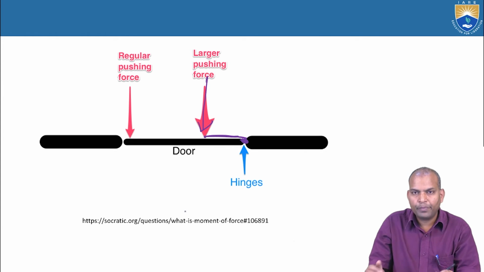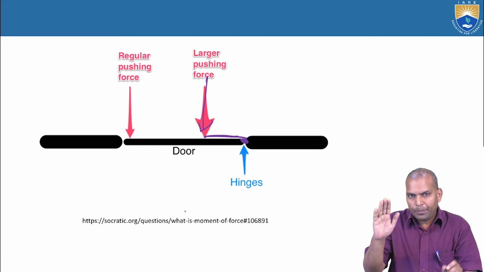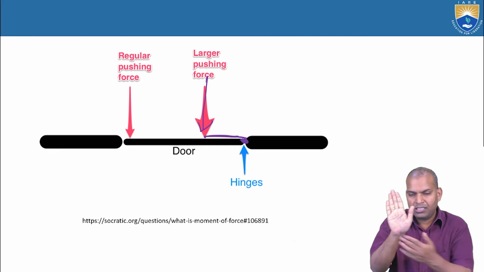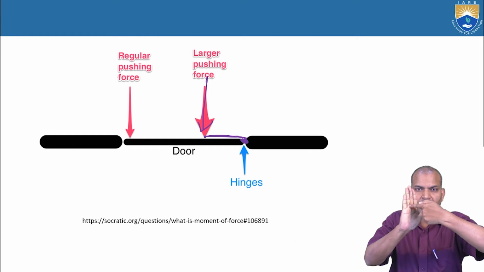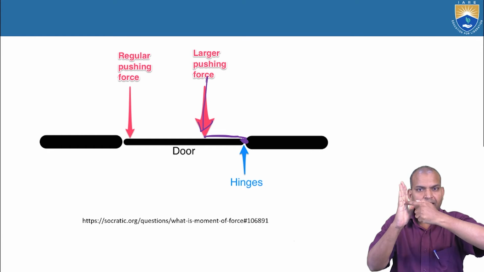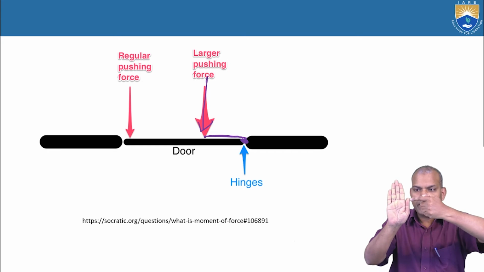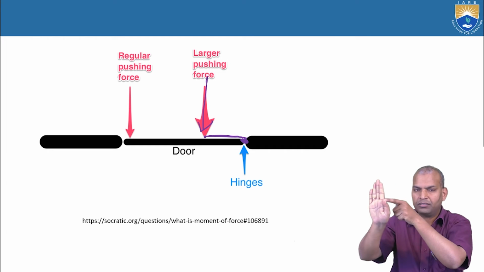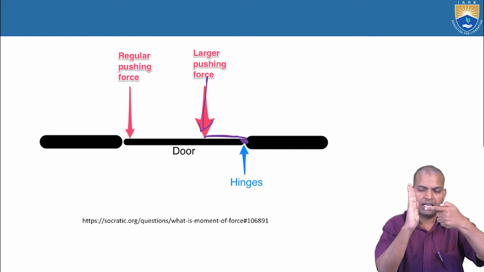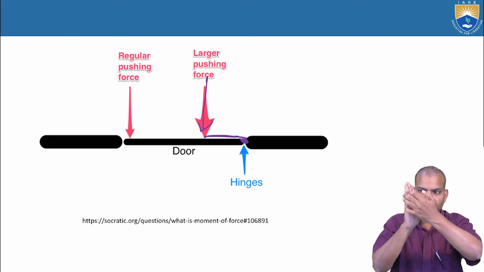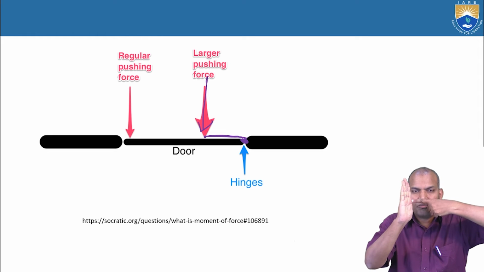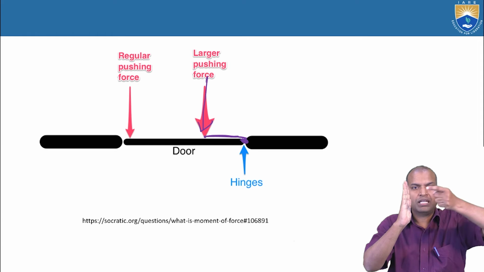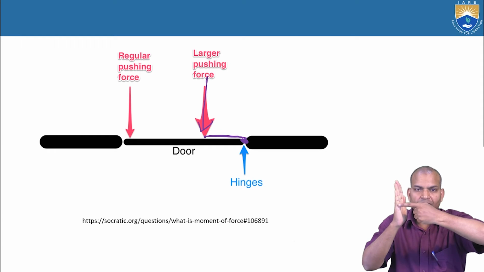If you want to open the door, this is the pivot at this end. If you apply the force near the pivot, you need more force to rotate. If you apply it at this far end, the force required is less compared to applying the force near the pivot end.